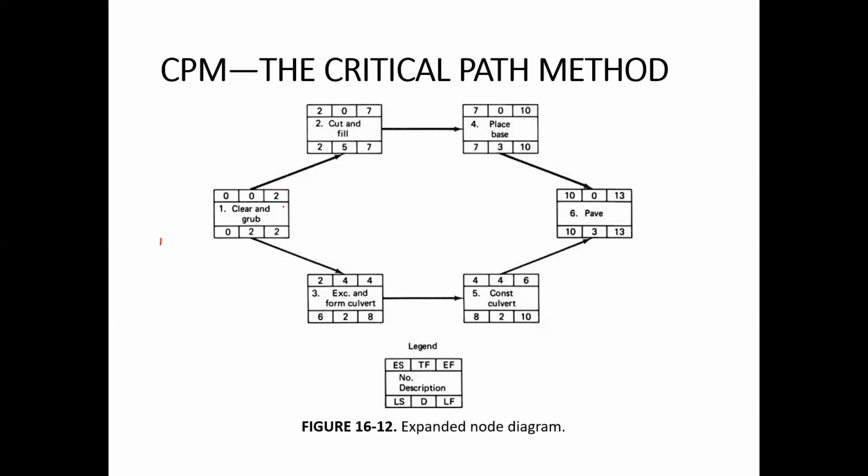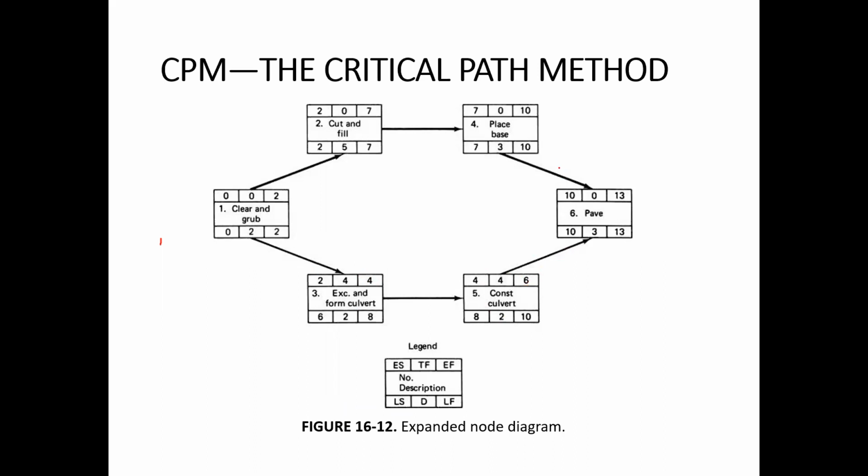So this 2 will come over here. The earliest finish time of this number 1 activity will be the earliest start time of this next activity. So 2 plus 2 is 4 over here. This 4 will come over here. And then 4 plus 2 is 6, and then 6 will come here.